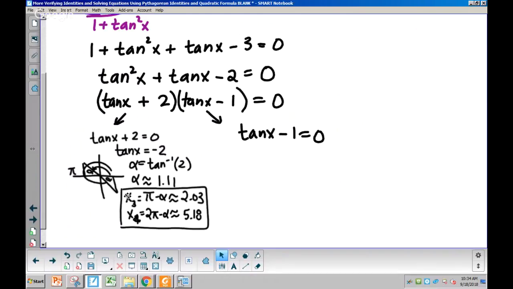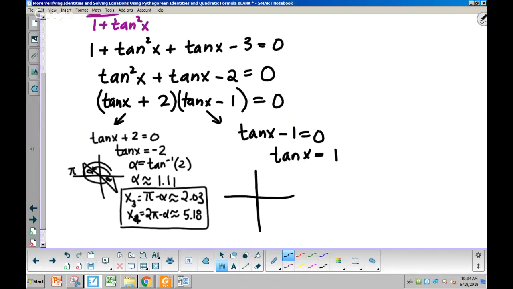All right, next one is tan x minus 1 equals 0, which means tangent x equals 1. Now, what quadrants is the tangent positive? 1 and 3, good. Now, remarkably, I think this is a tangent value that I know. This is the standard value on the unit circle. So what is alpha?